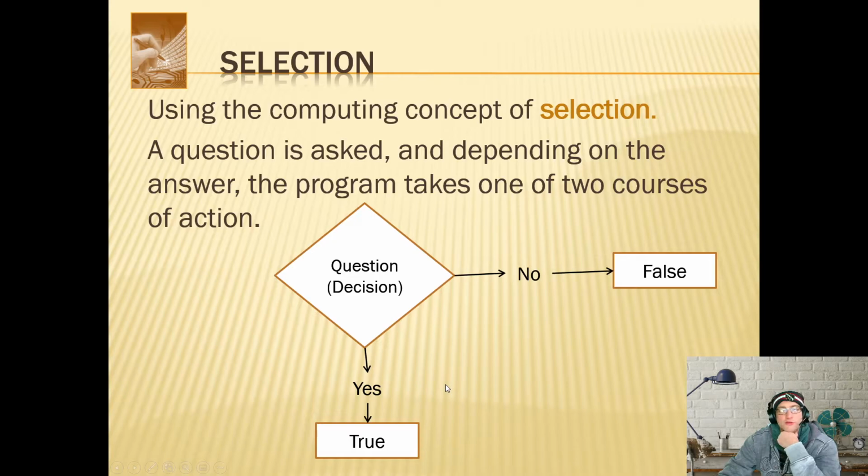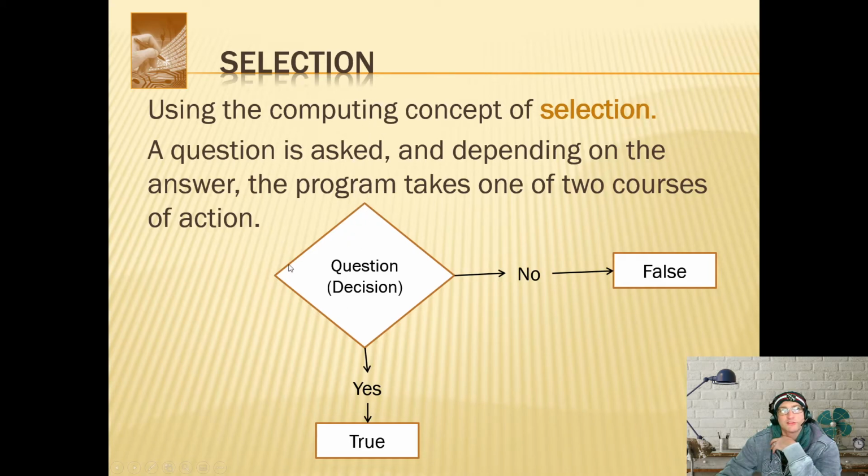So a new concept here is the idea of selection. It asks a question, and depending on the answer, the program takes one of 2 courses. A question, when we do a flowchart, is in a diamond box. And you always have information coming into it.